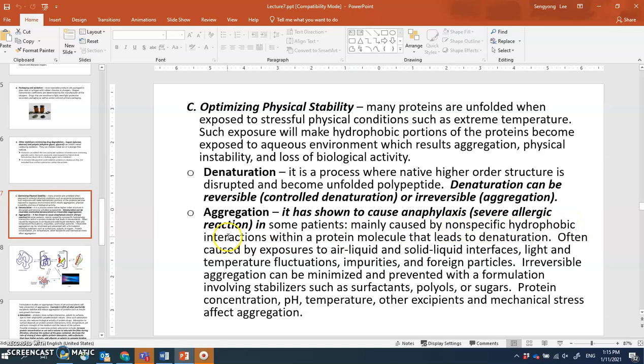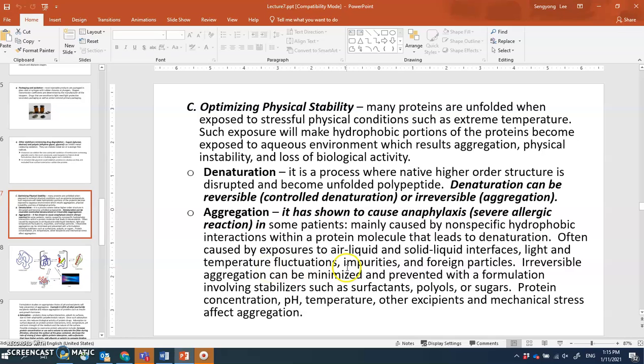Non-specific hydrophobic interaction is the reason why they have that. So that may be caused by exposure to air-liquid and solid-liquid interface, and then light and temperature fluctuation. You probably don't want that. So keep your drug, of course, in a constant environment.